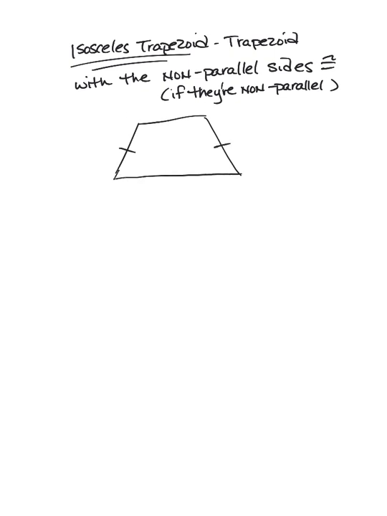So the significance behind an isosceles trapezoid is that when these sides are congruent, that makes these angles congruent at the bottom and these angles congruent at the top. Okay, these are called legs. These are called bases.